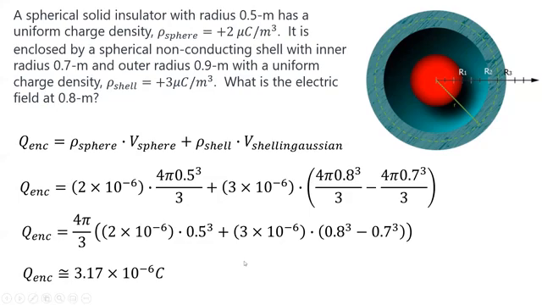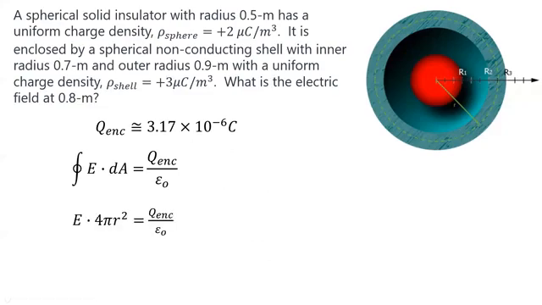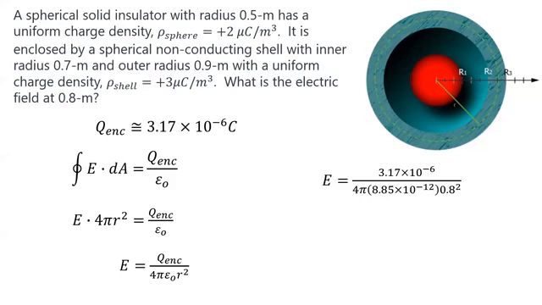Okay, now let's go ahead and do Gauss's law. We know what the enclosed charge is. So Gauss's law is the closed integral of E dot dA equals Q enclosed over epsilon naught. The area of the Gaussian pillbox is 4 pi r squared. Q enclosed, we've already figured out what that is. So now we can just simply plug into this.